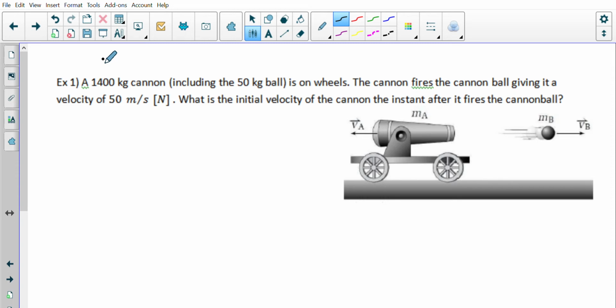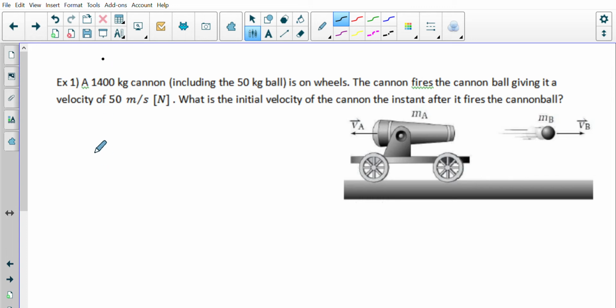a 1,400 kilogram cannon, which includes the 50 kilogram ball, is on wheels. The cannon fires the cannonball, giving it a velocity of 50 meters per second north. What is the velocity of the cannon the instant after it fires the cannonball?